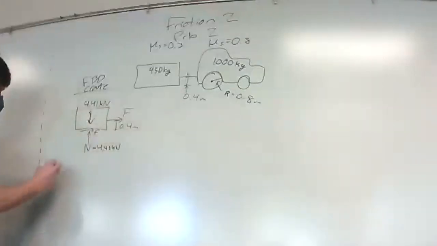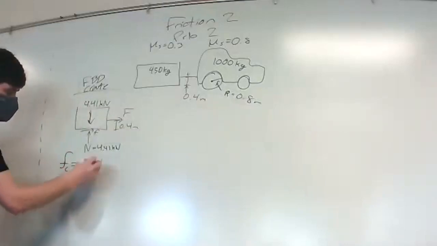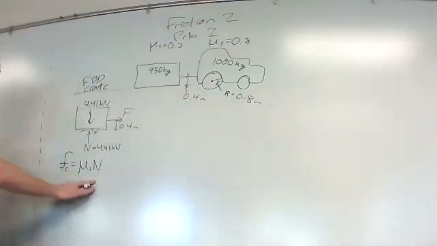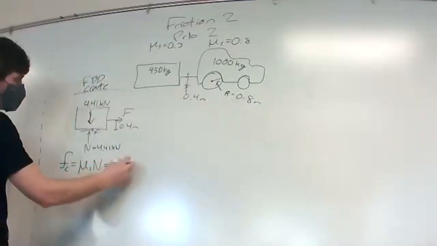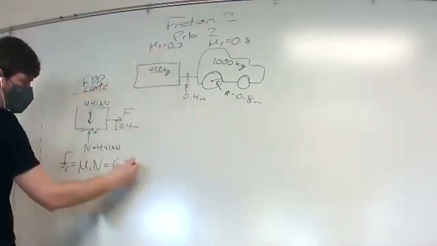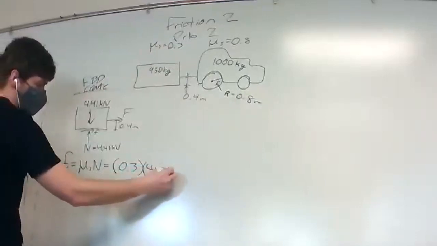So then we can say that our FC, our friction, is equal to mu sub S times N. And this is that same equation coming back from before, where friction is equal to mu sub S times the normal force. So this is going to be equal to 0.3 times 4.41 kilonewtons.